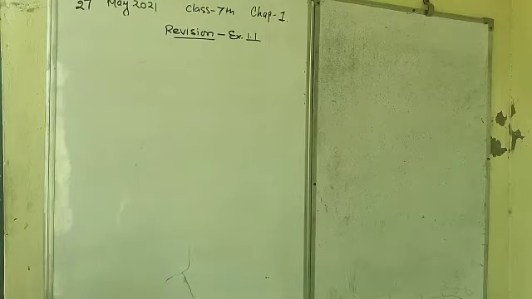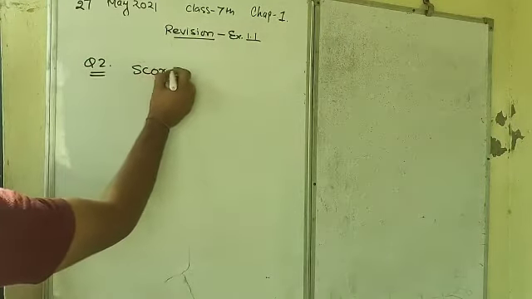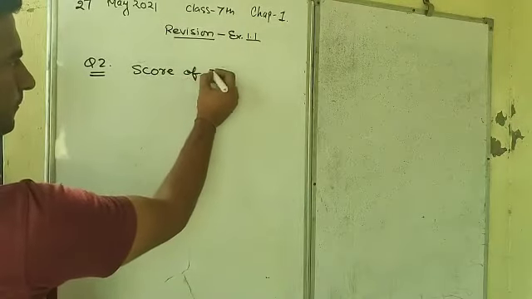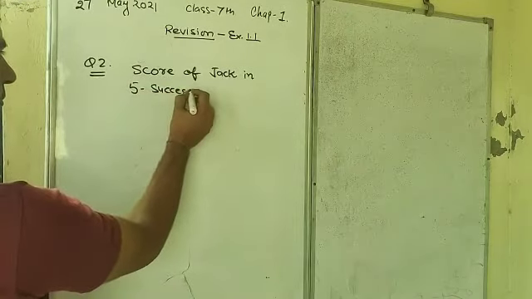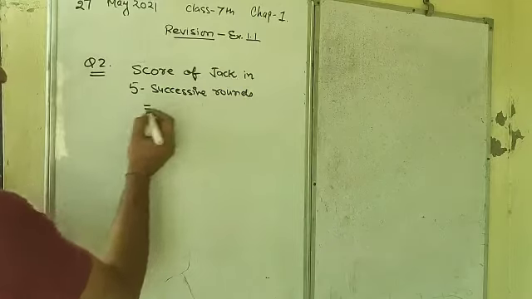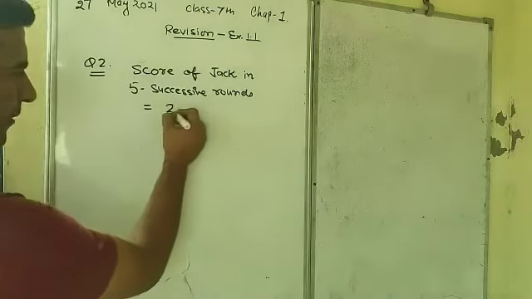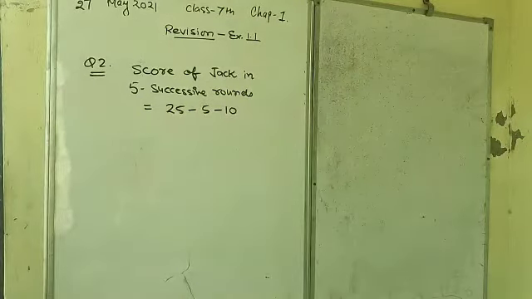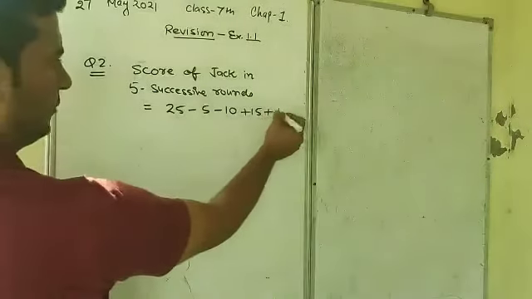The scores of Jack in 5 successive rounds are, what are the scores? Look, the scores are positive 25 plus -5, plus -10, then plus 15, then plus 10. Now let us calculate it.